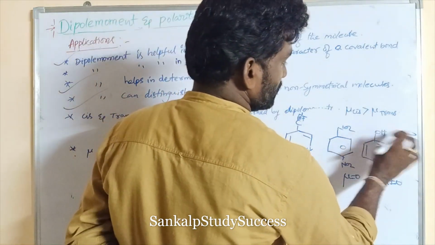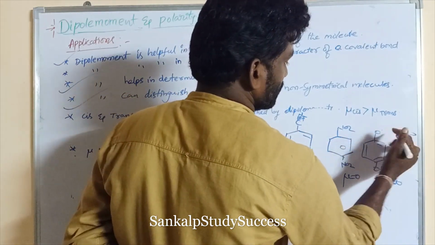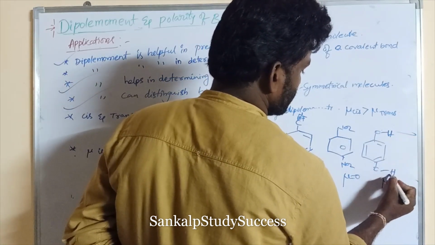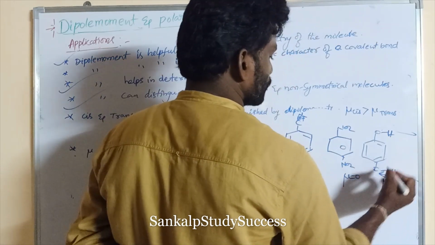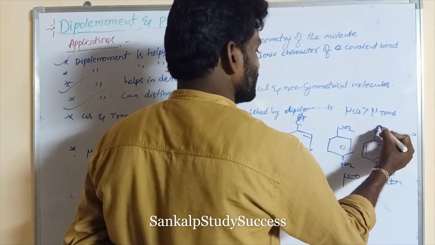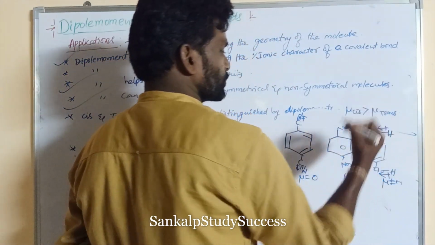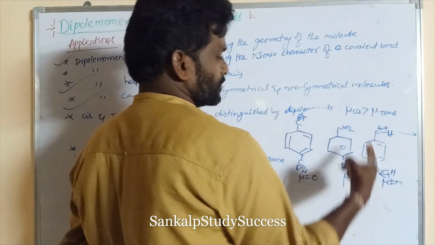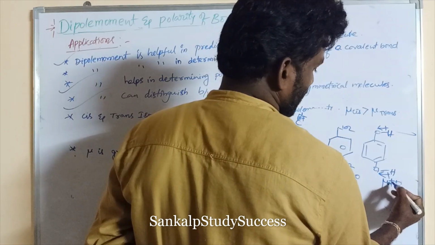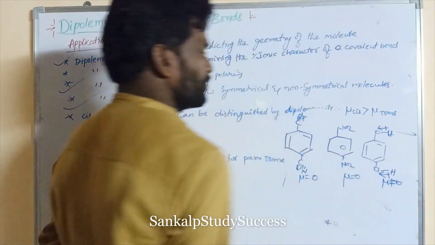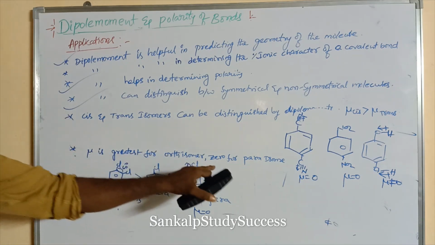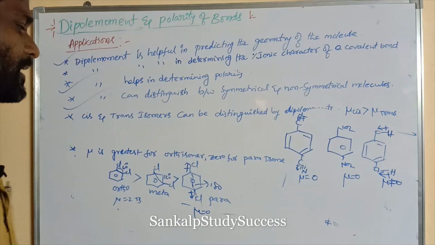Please observe this example: OH means O–H, so this bond is shifted towards the O side. Similarly, this crossed arrow is shifted towards the O side. So these two are present in the same direction, and the net dipole moment is not equal to 0. So mu is greater for the ortho isomer and 0 for the para isomer.